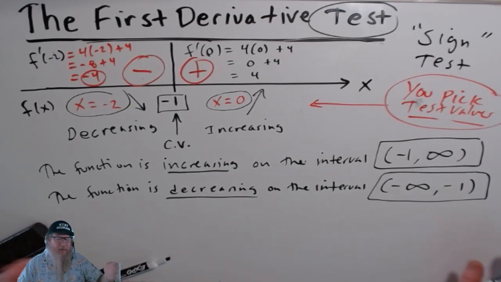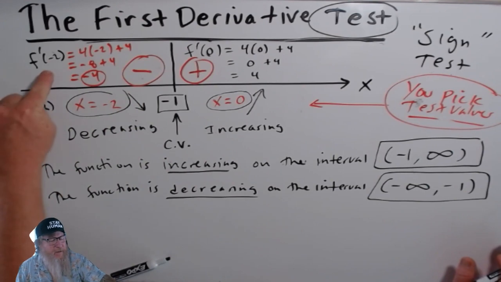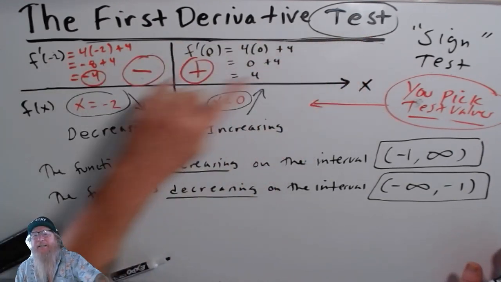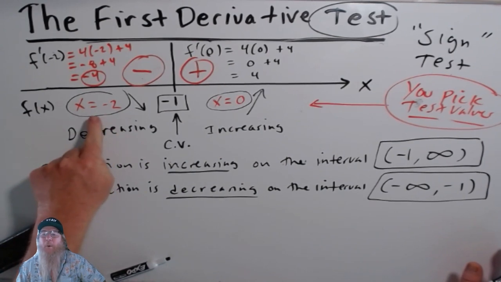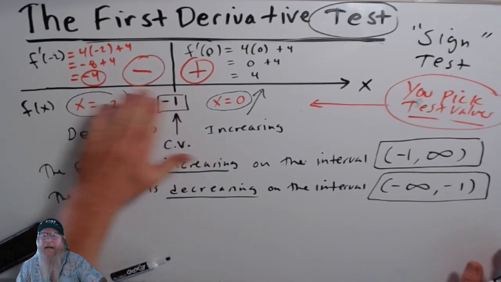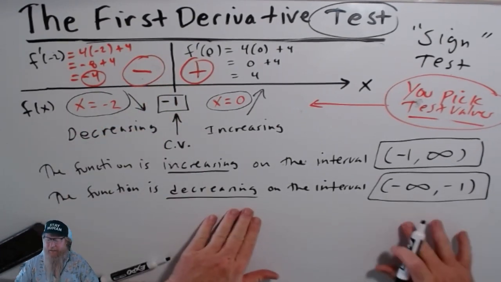Okay. So generally, if the sign of the derivative at one test point in that interval is negative, then we say it's decreasing.